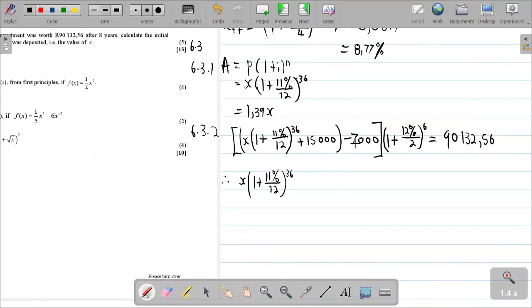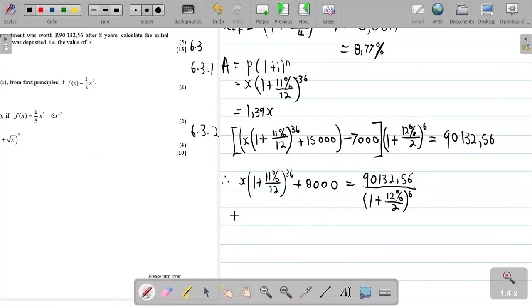And then when we minus here, it's going to be plus 8,000. And then it's going to be equal to 90,132. Then we divide by this bracket here. So it's going to be 1 and then 12% over 2 and then to the power 6. Okay, so the bracket here goes. Then we have to take the 8,000 that side.